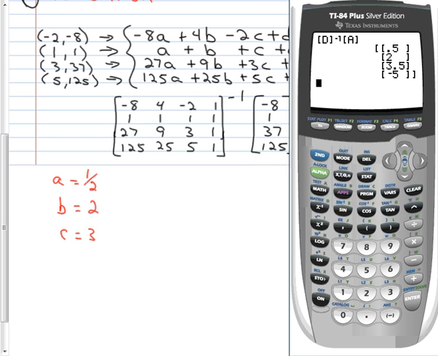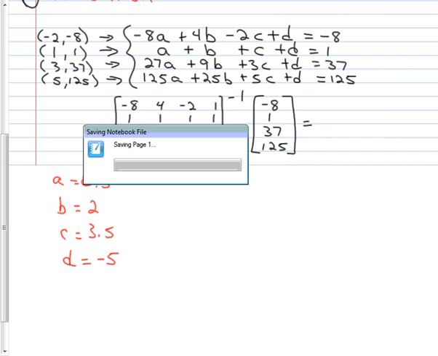C is, I want to be consistent, 0.5, 3.5. D is negative 5. The book seems to agree with me. That would be the third degree function that would happen to go through all those points. We used an inverse matrix to help us solve it.